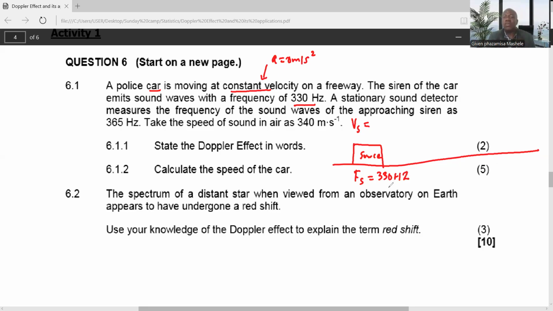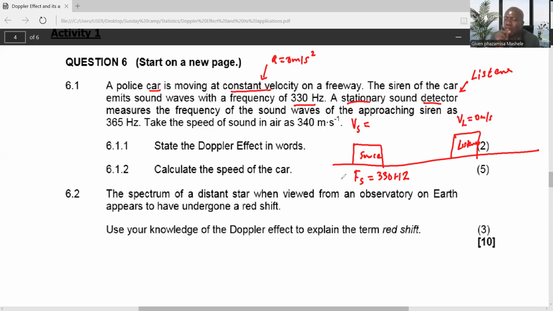They said a stationary sound detector, which means this is the listener. So along the way, there is a listener here, and this listener is not moving. So its speed or velocity is zero. Why are we saying zero? Because they're saying it is stationary.